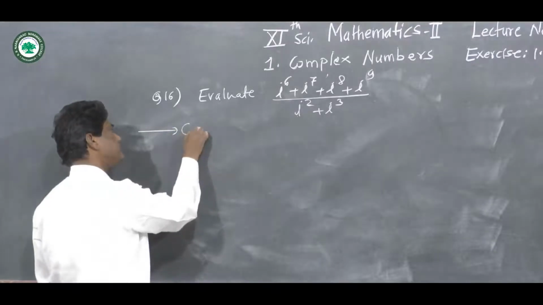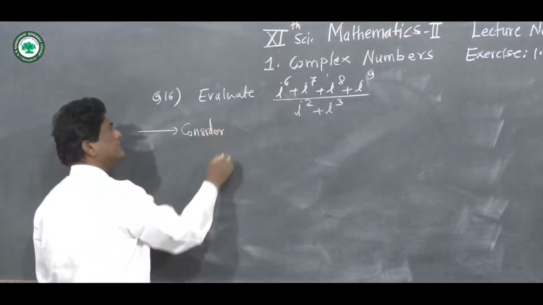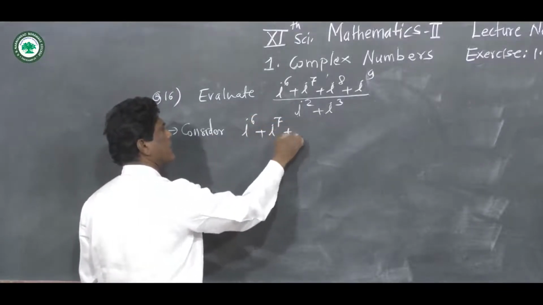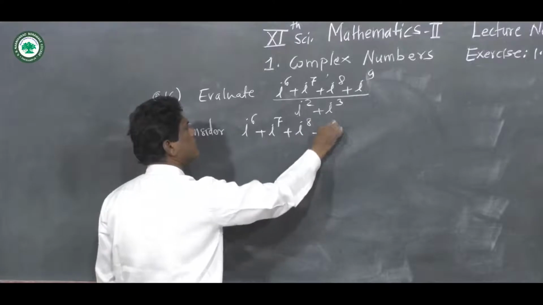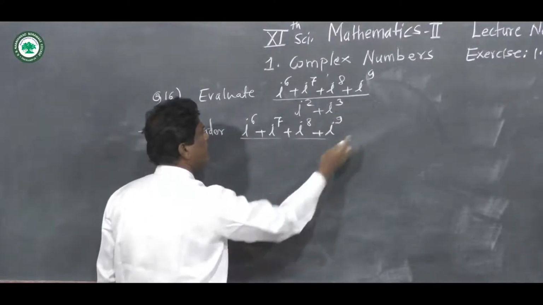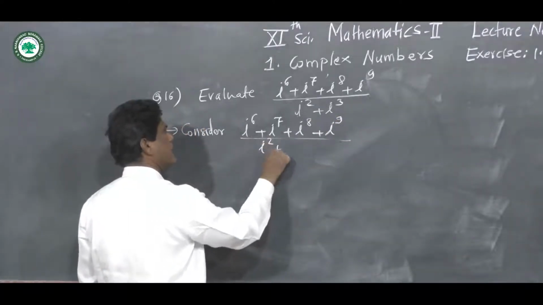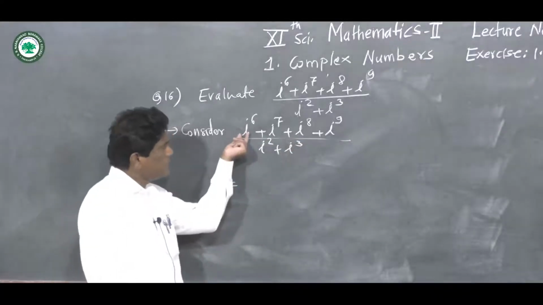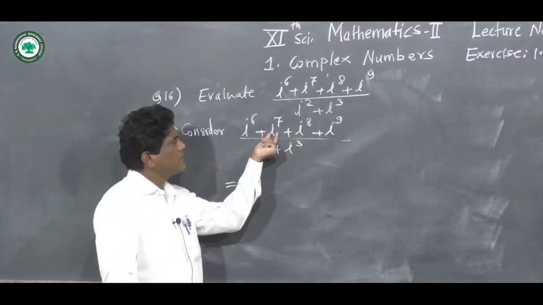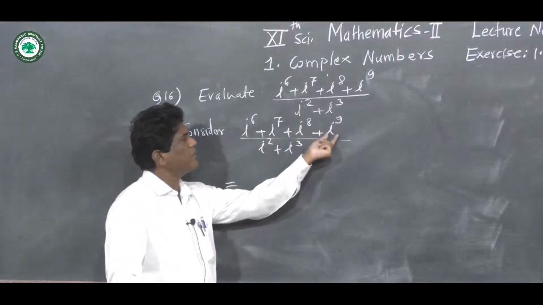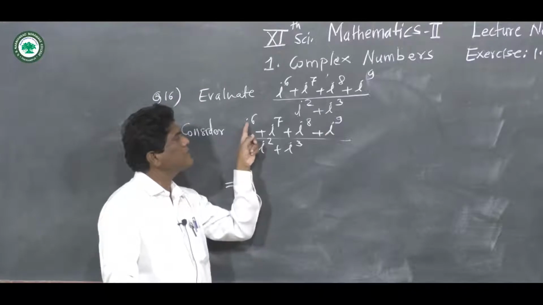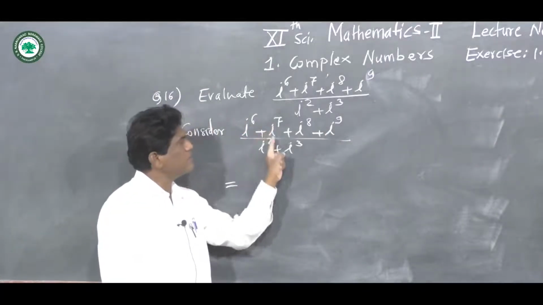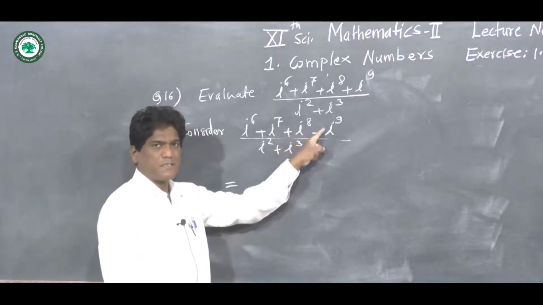Consider here i to the power 6 plus i to the power 7 plus i to the power 8 plus i to the power 9 divided by i square plus i to the power 3. Now here in the numerator i to the power 6, i to the power 7, i to the power 8, i to the power 9. So the lower power is 6.